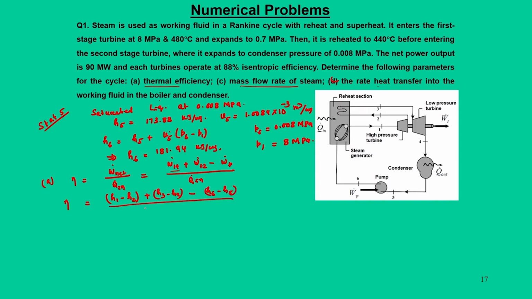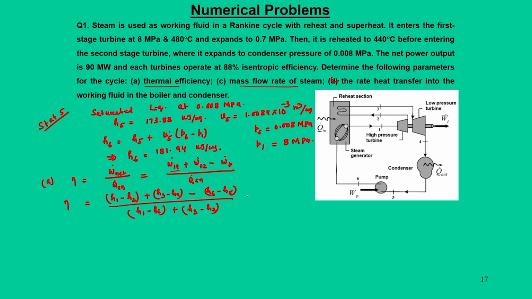The heat addition process goes in two parts. One is h_1 minus h_6. The second part is for reheating, that is h_3 minus h_2.